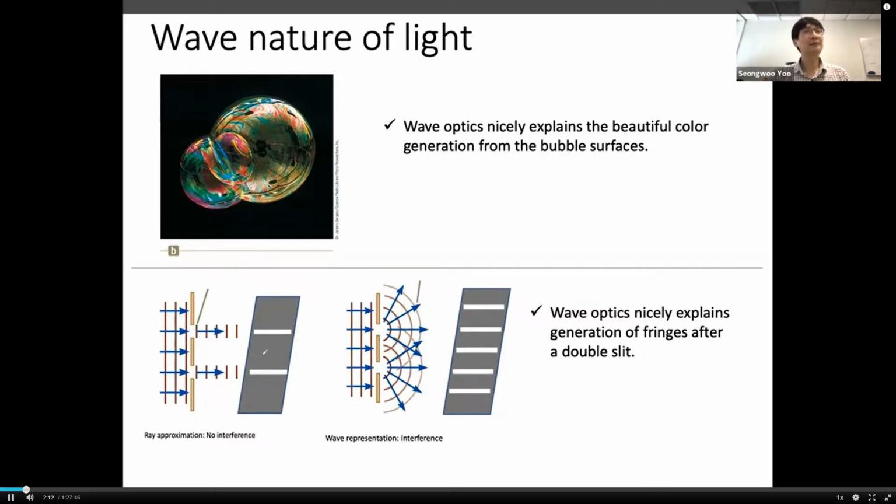However, there are some phenomena that we cannot interpret with the ray picture. That's why we introduce wave optics to explain, for instance, the interference appearing on the soap bubble.